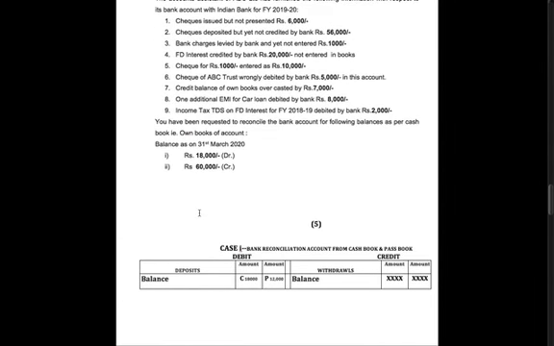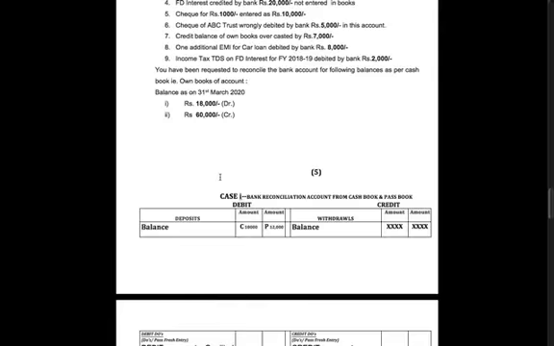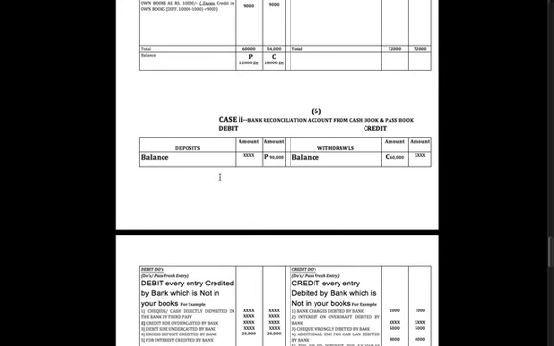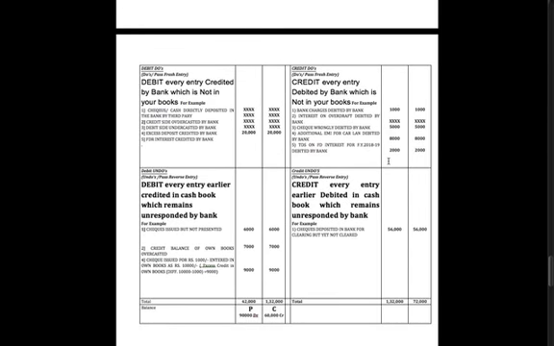Case 2 is where my question was that there was a credit balance as per cash book as a starting point. So here a credit balance as per cash book is the starting point, same number of columns, everything same. So the magical thing you will find is that all do's and undo's appear the same way here also.